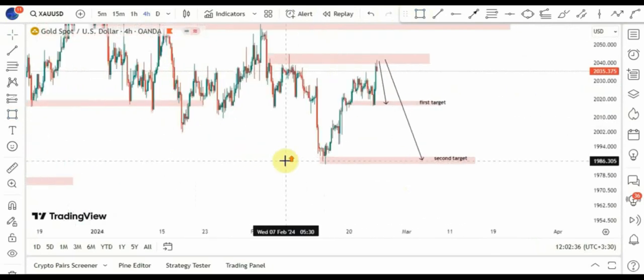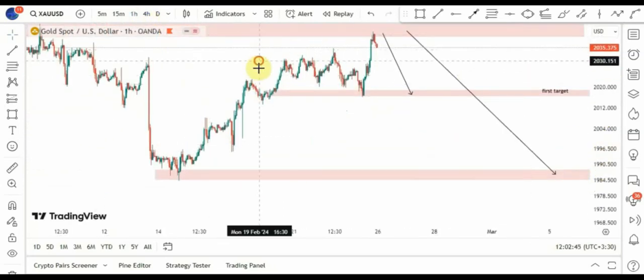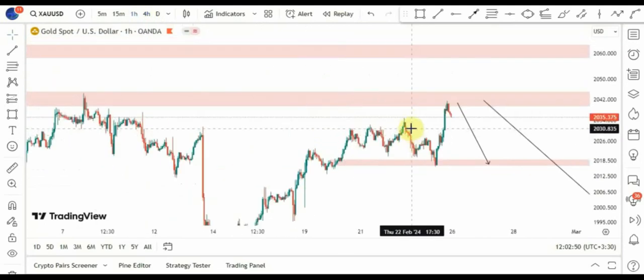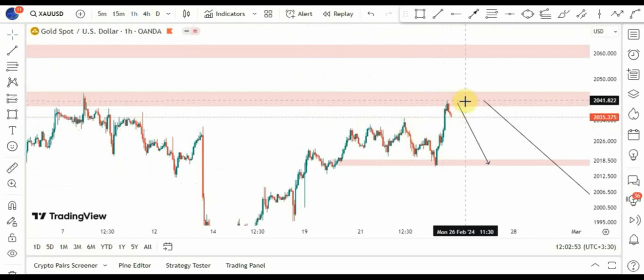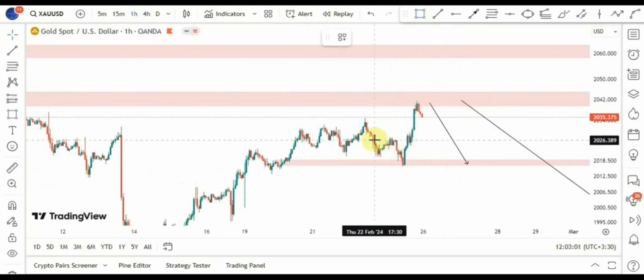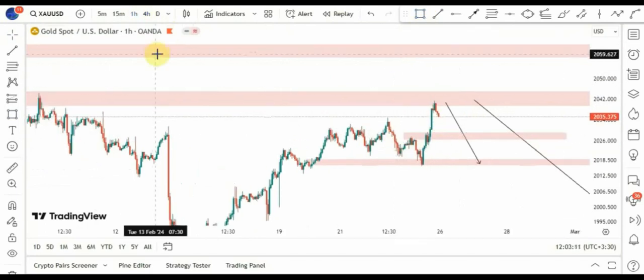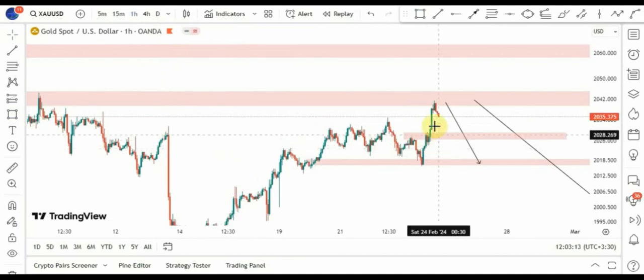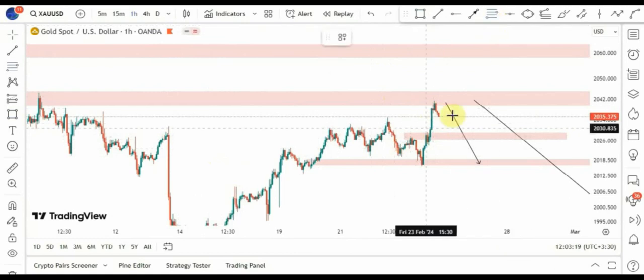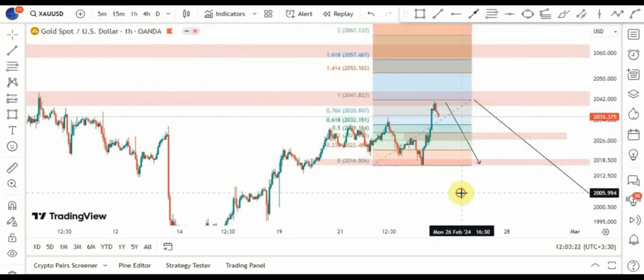Now let's switch to 1 hour. Well, in the last days price hit 2041 and then came down and tries to retrace. So on the way we have this zone, for the gold to hit here and again go back above. On the 1 hour time frame, we expect that gold still retraces here, around 50% of the Fibonacci.